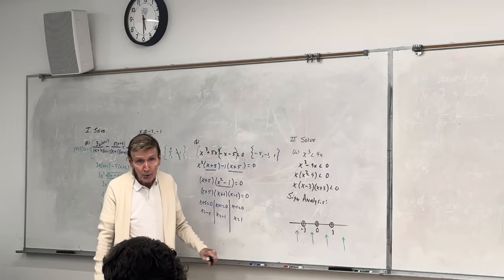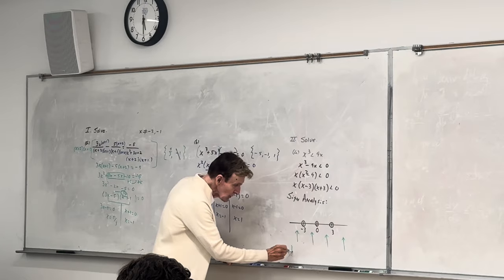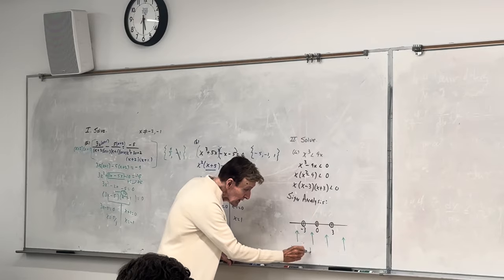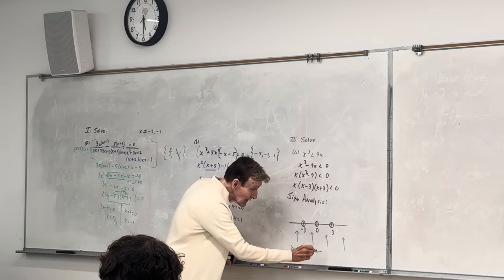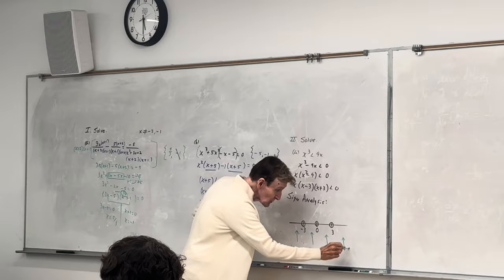You get to choose a number. Out to the left of -3, we'll try -5. It's up to you. In between, we'll try -1. Here, we'll try 2. And out to the right of 3, we'll try 10.